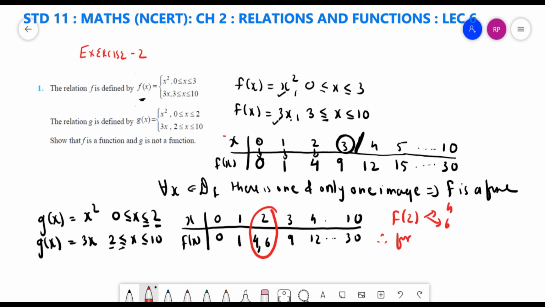Therefore, for 2 there are two images. Therefore, g is not a function. And f is a function. So just note down question number 1.